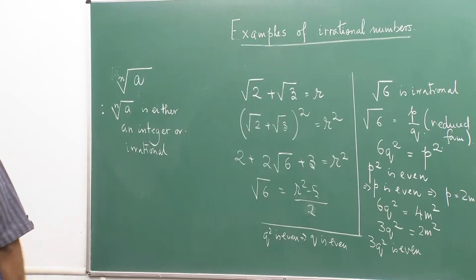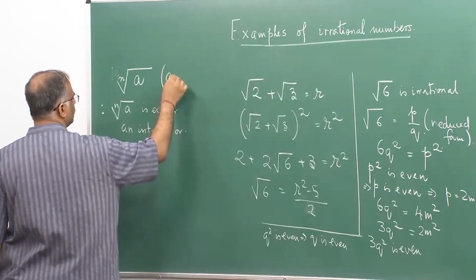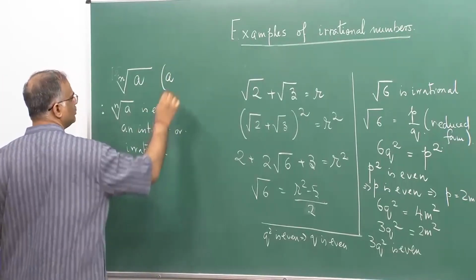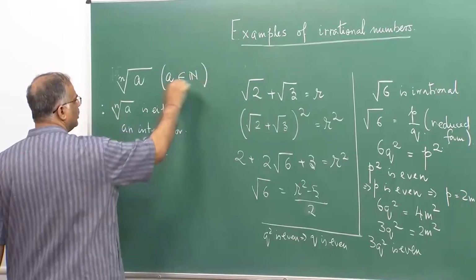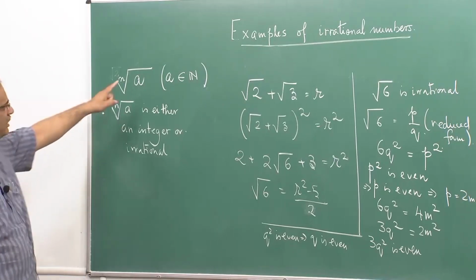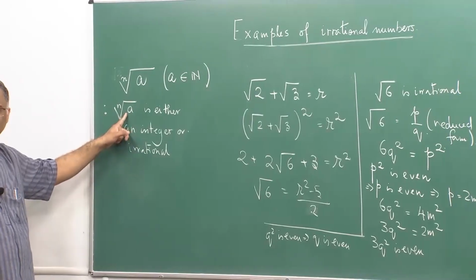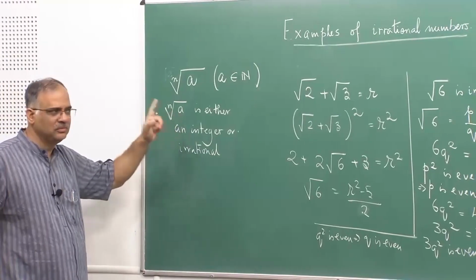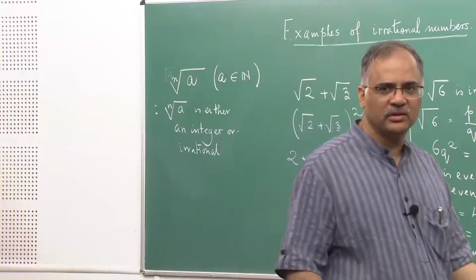So a possibly is an integer. The interesting thing is that this is either an integer or irrational, it is never in fractional form. That is a very interesting question, but how do you actually prove that?